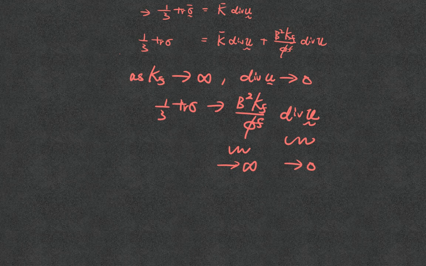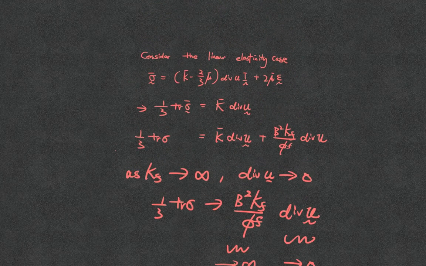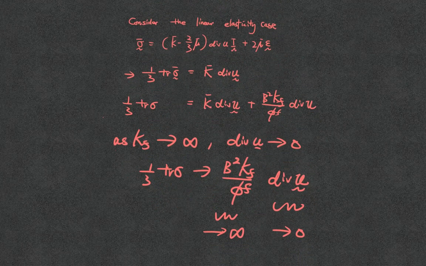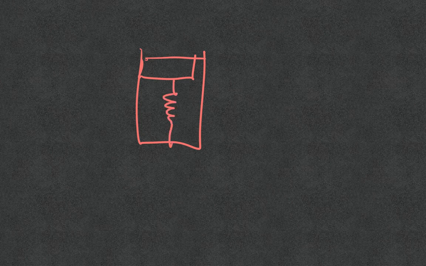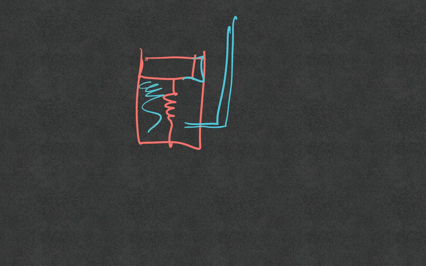But in the compressible case, let's see the analog of a spring system with a piston. There's a spring there, and you allow water to come in and go out through a very small tube, and this whole thing is filled with water.